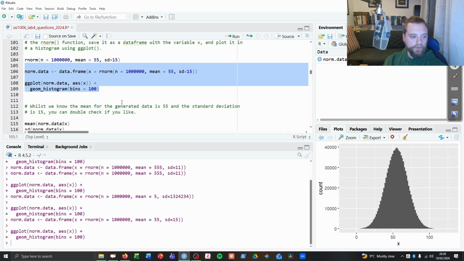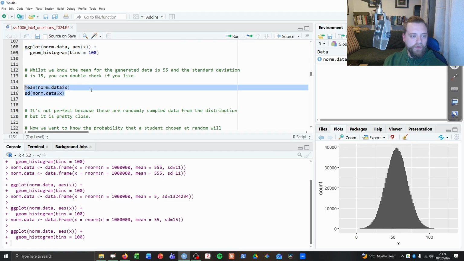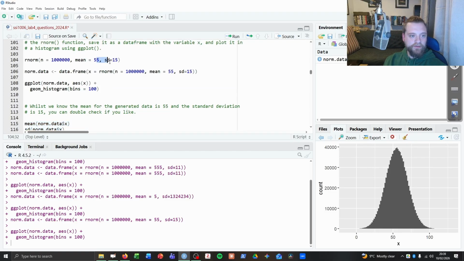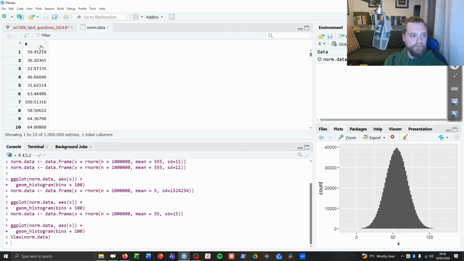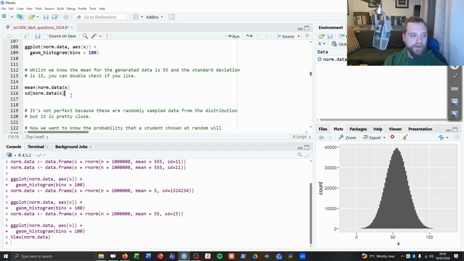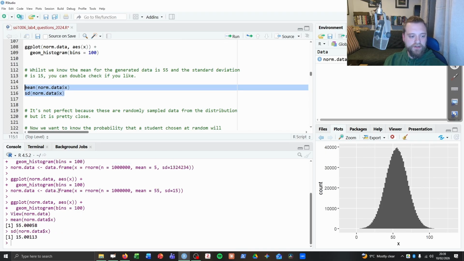So here's our normal distribution. Now, if we want, we can check that it's generated a distribution with the properties we want. So we wanted a mean of 55 and a standard deviation of 15. So here we can see we're using this variable, x. And if we calculate the mean and standard deviation of x, what we'll find is numbers very close, but not exactly the same as 55 and 15.